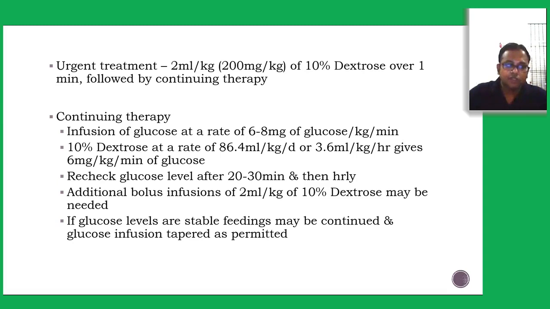For continuation, we have to infuse glucose at a rate of 6 to 8 milligram per kg per minute. If you convert this, that is, if you give 10% dextrose at a rate of 86 ml per kg per day, or 3.6 ml per kg per hour, it roughly equals this rate, right?